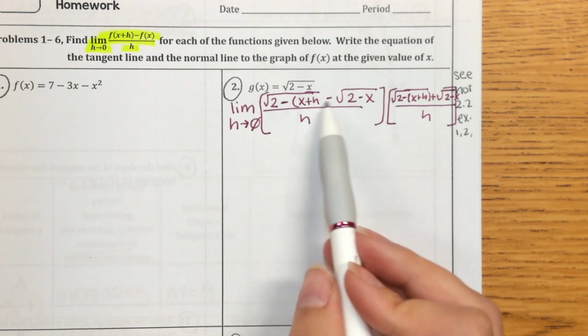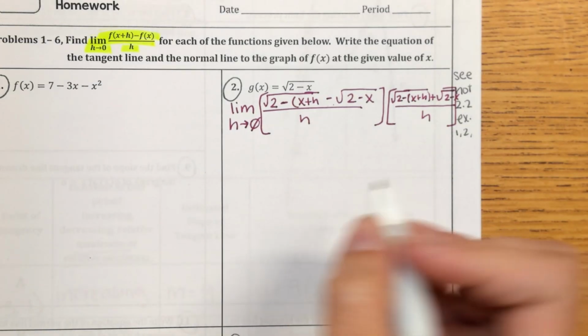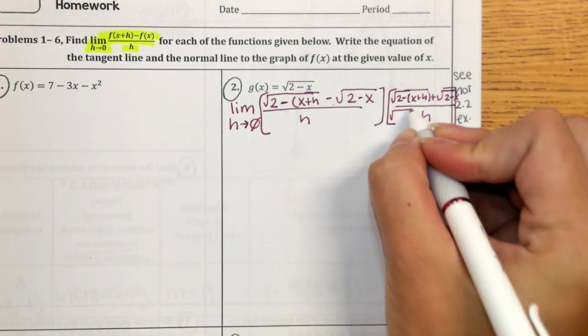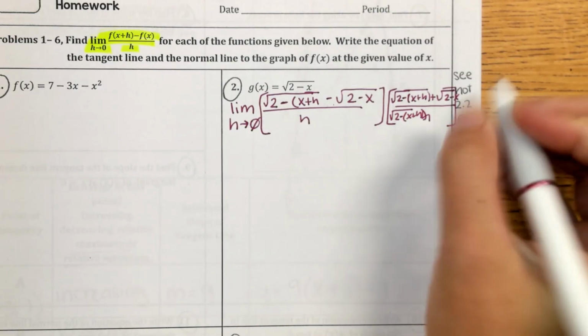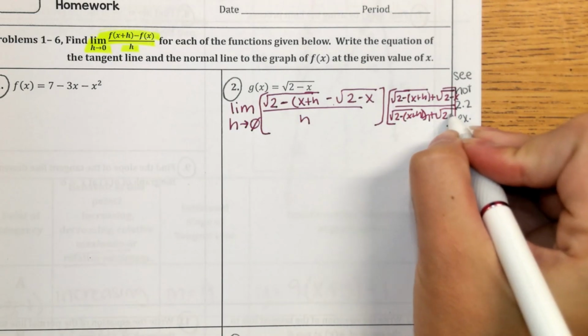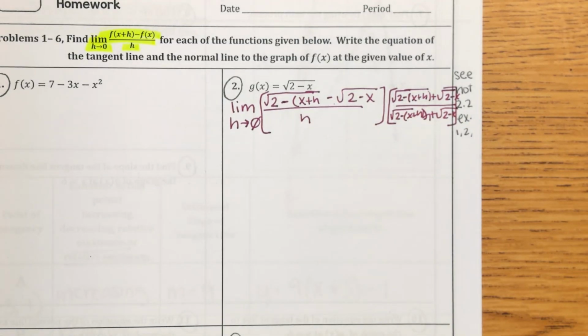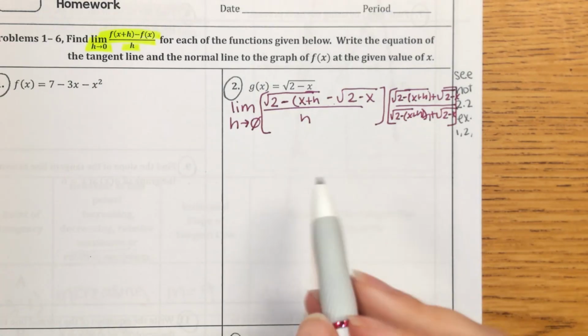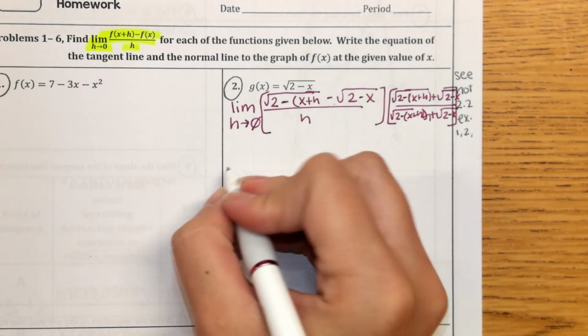Pretty much we're doing this, but with the plus symbol now, just like what we've been doing. Oh wait, not divided by h. That is probably the worst handwriting I've done in a very long time. That was terrible. Okay, but we're going to multiply these out.